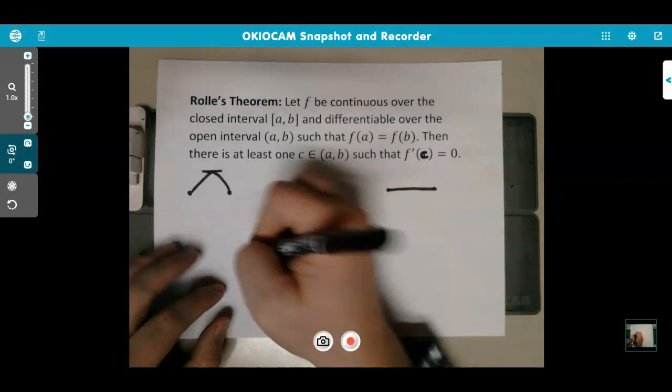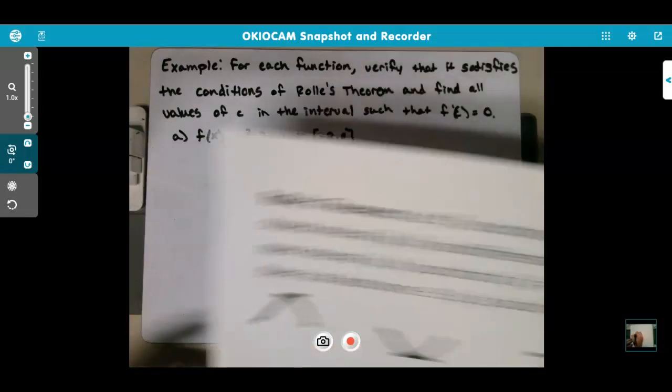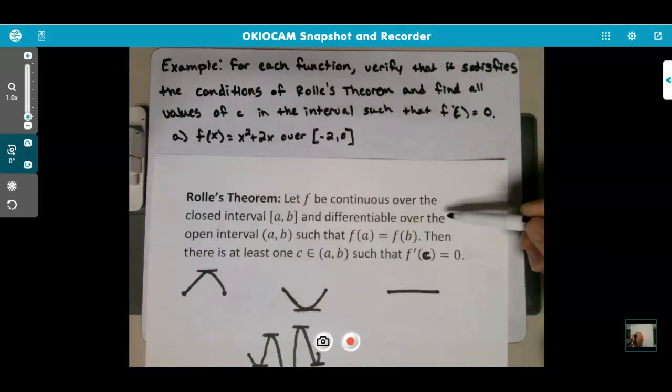Example. For each of the following, verify that it satisfies the conditions of Rolle's theorem and find all the values of c such that f prime of c is equal to 0. The first one we are going to do is f of x equals x squared plus 2x. So what I want to make sure first is that it satisfies what the theorem says must be true in order to do this, okay?